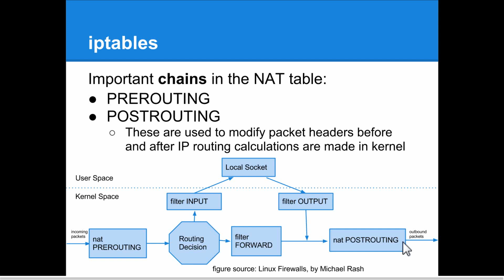Important chains in the NAT table are pre-routing and post-routing, and this is typically what happens in the kernel and user space when a packet comes in. The packet is handled by the network card, and that generates an interrupt to the CPU, and then the packet is processed, and NAT pre-routing rules are applied, and a decision is made based on the rules whether or not it matches.